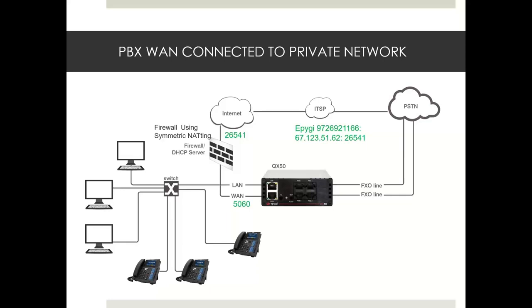One way to do that, and this is one of the methods I've seen ClearFly use and some others, is they'll periodically do short registrations with the registration of the SIP trunk. Every 30 seconds or so, they're going to send another message to re-register that SIP trunk. Regardless of what port it's coming from, as long as there's traffic activity going through that port, that firewall is going to keep that port open.